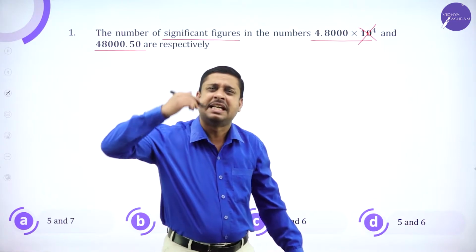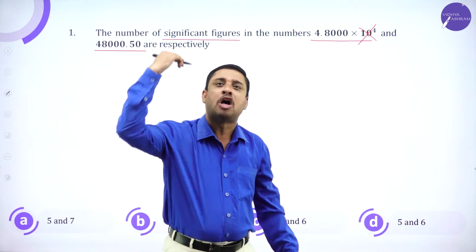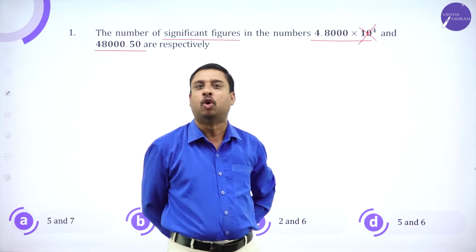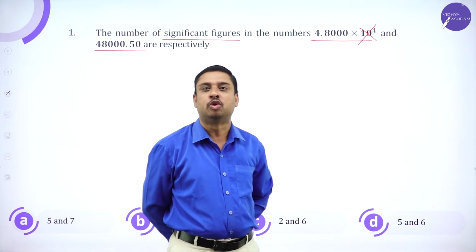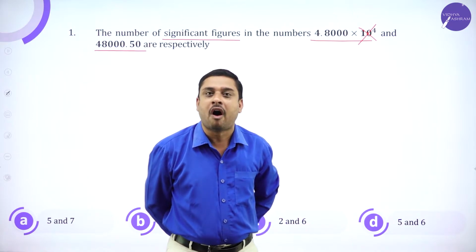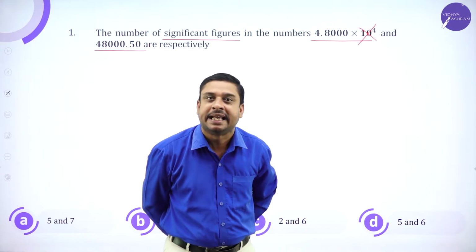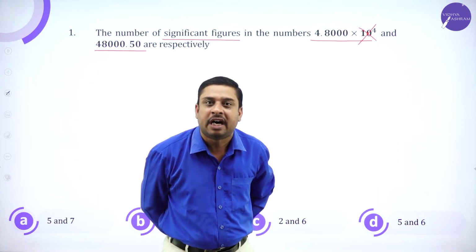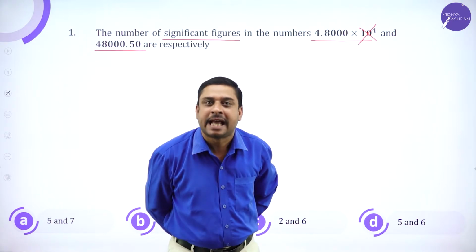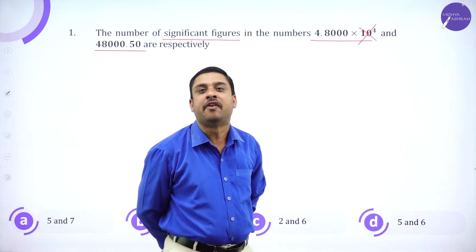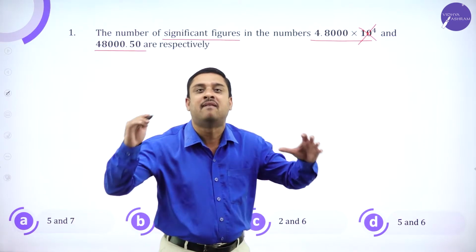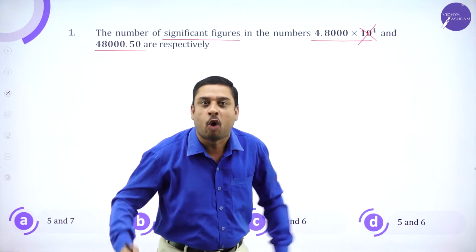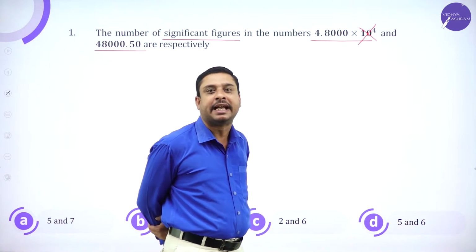Whatever the 10 power is, whether a positive power or a negative power, you are not considering any power to the base 10 to identify significant digits. So 10 powers are ruled out from the significant digits.